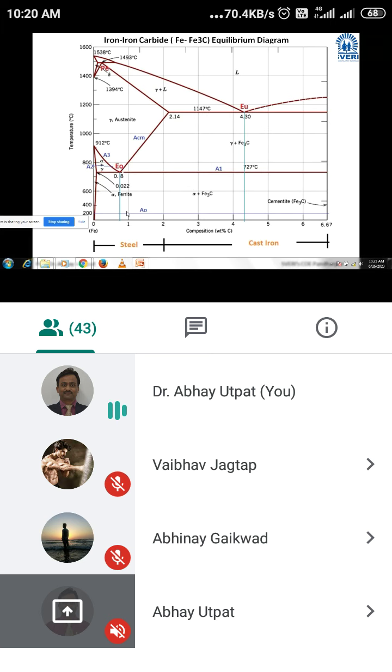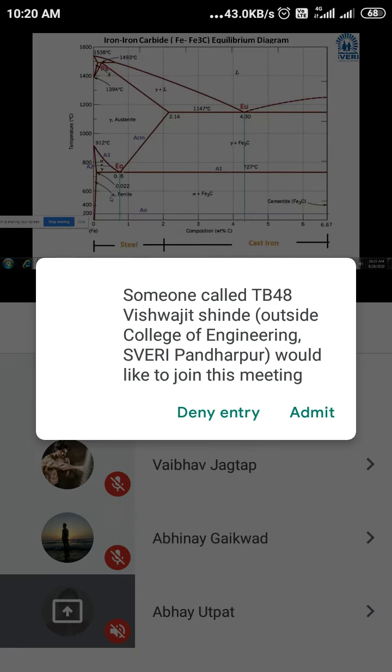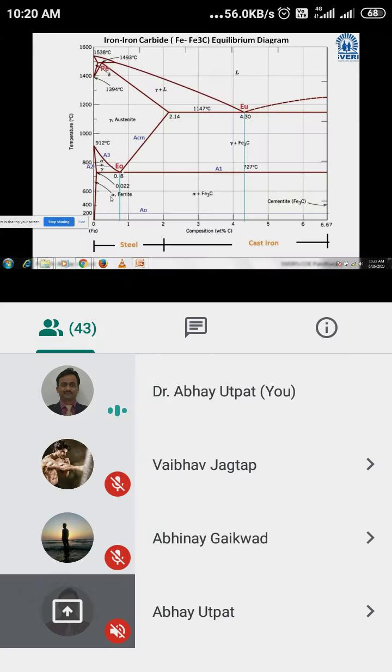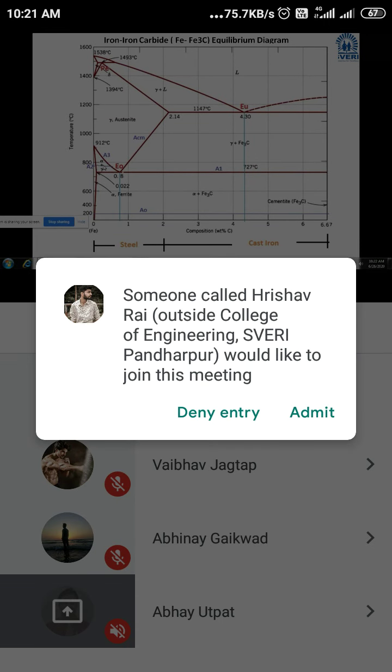Now I am moving the cursor. A very small part you are observing here, a very small gap, and alpha ferrite is written. See the cursor. You can enlarge your screen and read. What is written? Alpha ferrite. So that small section is alpha ferrite. Then just above that, if you go, see the cursor, that is alpha plus gamma. Alpha, beta, gamma, delta, these are just symbols.